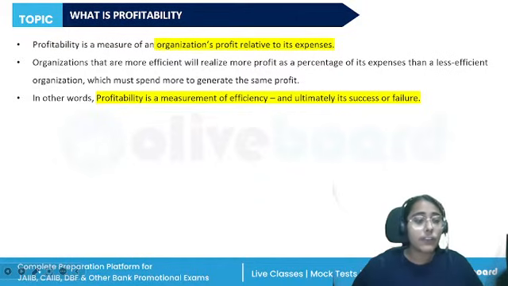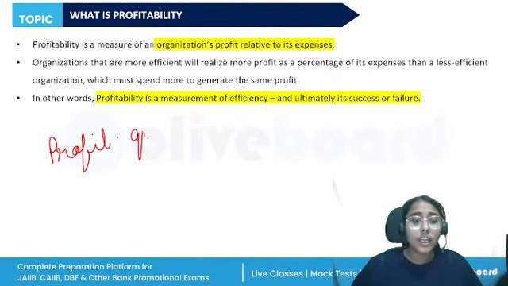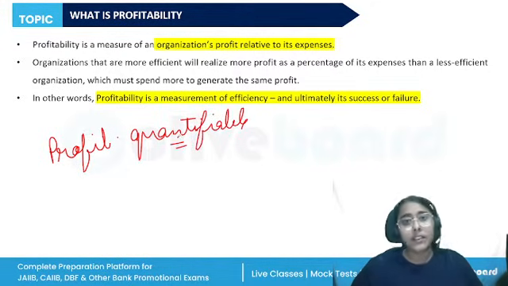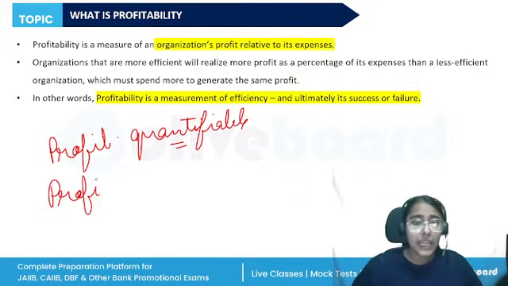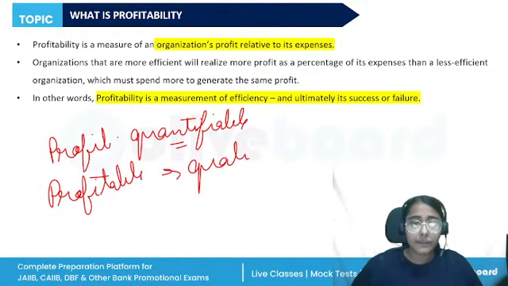First, if we try to define and differentiate between profit and profitability, we will say profit is something that is quantifiable, or it is a quantitative measure. But when we talk about profitability, it is not quantifiable and it is qualitative, right?